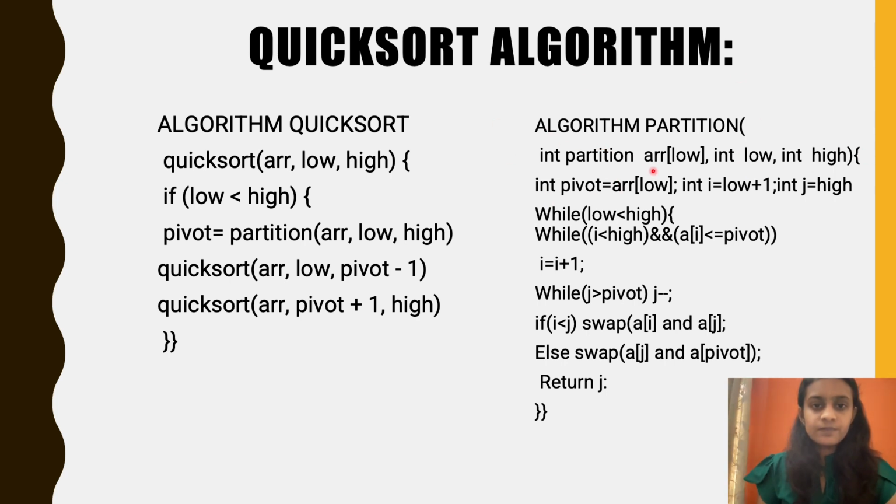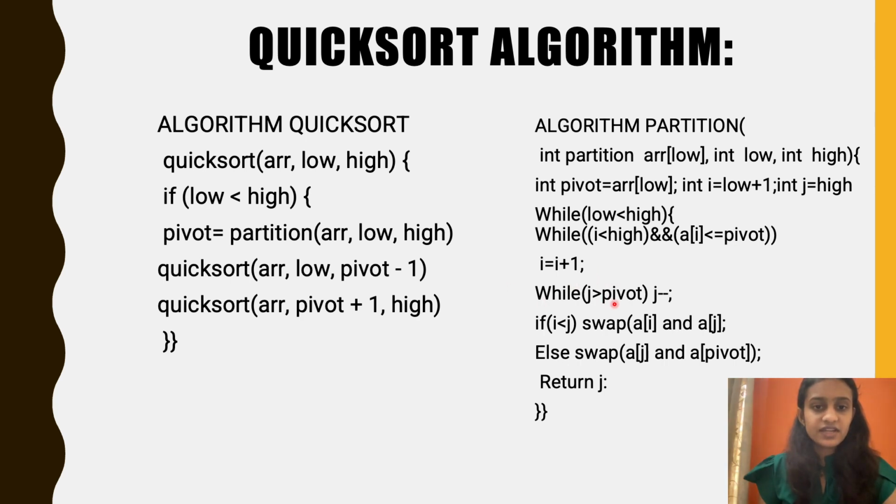Int partition of array, int low, and int high. So int pivot value is equal to array of low, int i is equal to low plus 1, and int j is equal to high. While i is less than high and a of i is less than or equal to the pivot value, i is equal to i plus 1.